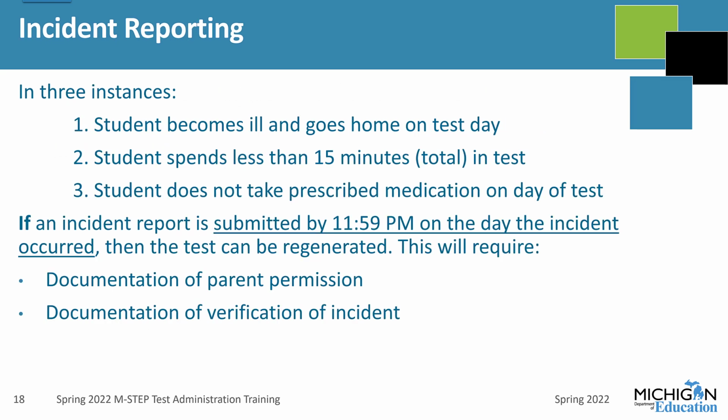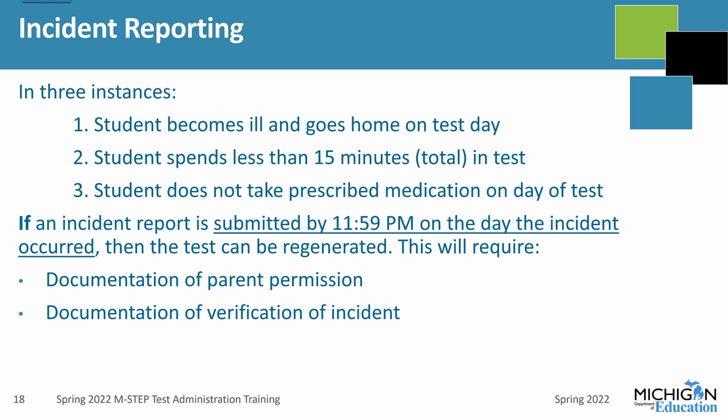There are 3 specific testing irregularities that may occur that must be reported on the day the incident occurred by 11:59 p.m. Again, you do not have to have documentation completed before submitting the report, but the report of the irregularity has to be submitted by 11:59 p.m. that day in order for the test to be regenerated.